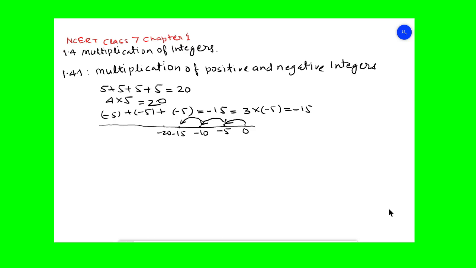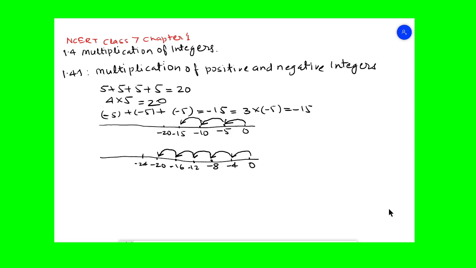We go to one more example. We go from 0 to minus 4, then we add another minus 4, so we reach minus 8, and then we add another minus 4, we reach minus 12, and then one more minus 4, we reach minus 16, and then again we add minus 4, so we reach minus 20.